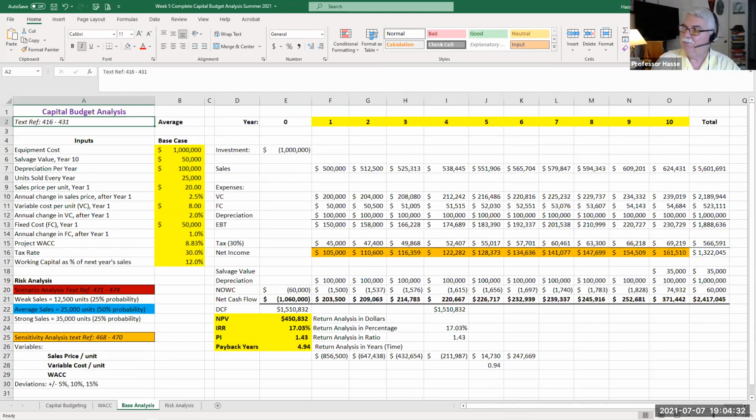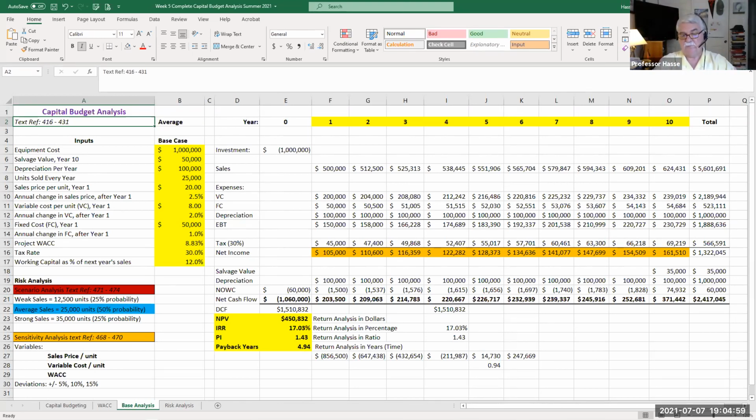Because in case number 3, which will be distributed to you on, where are my notes? On July 21st, I believe. July 21st? Yes, on July 21st, due July 27th.